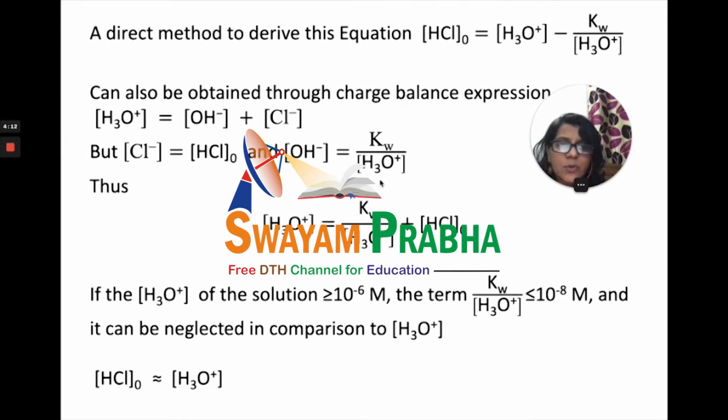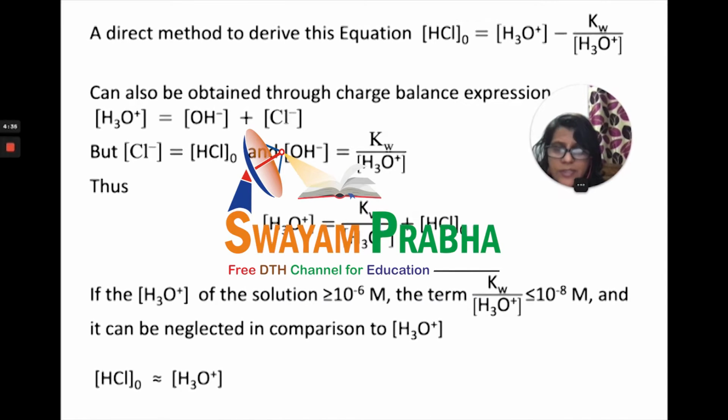OH minus is equal to Kw upon H3O plus from the ionic product of water. So if I substitute Cl minus as HCl naught and OH minus as Kw upon H3O plus into this expression, I will get the same expression as above: HCl naught is equal to H3O plus minus Kw upon H3O plus.